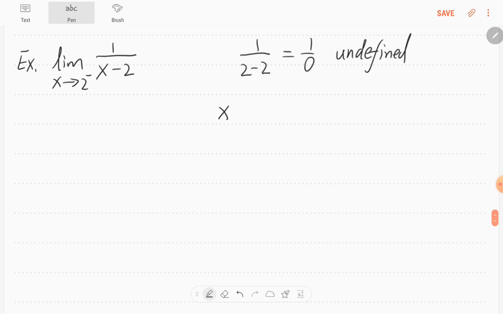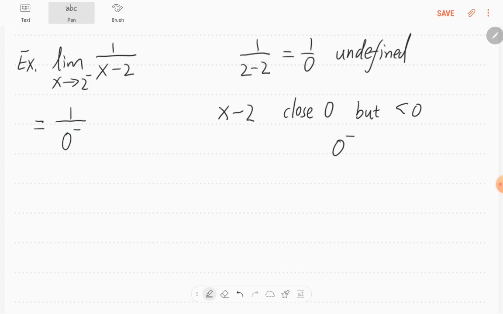So x minus 2 would be close to 0, but less than 0. It's very close to 0 but negative, like 0 minus. So it would be 1 over 0 minus.